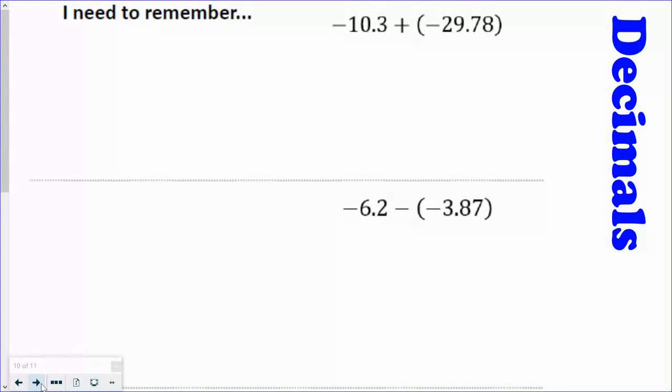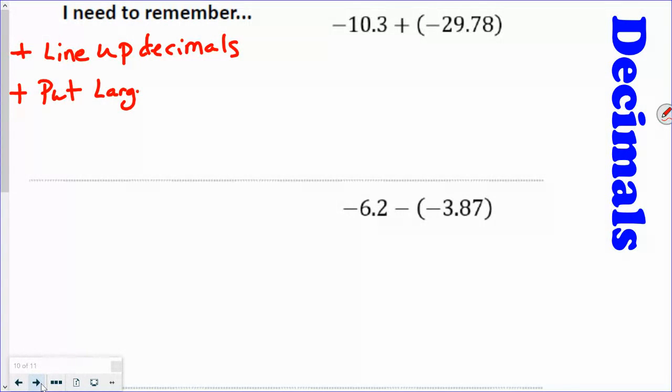What are things we need to remember? Whenever we are adding or subtracting decimals, we have to line them up. So where I need to remember, put a note that you need to line up decimals. Also, whenever we do our work, we need to put the largest value on top, so if we end up needing to subtract, we already have the largest value.